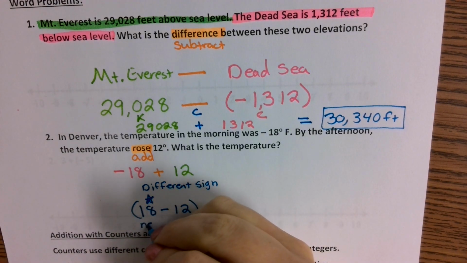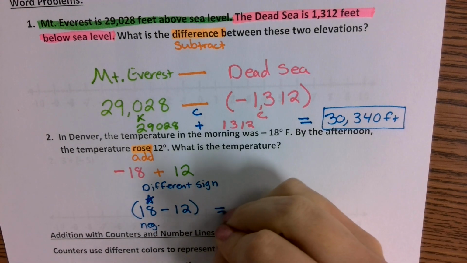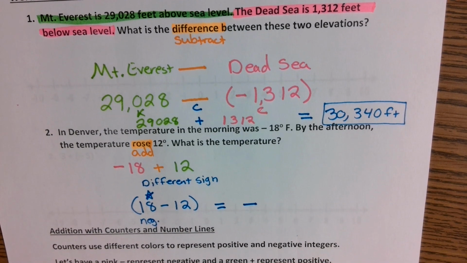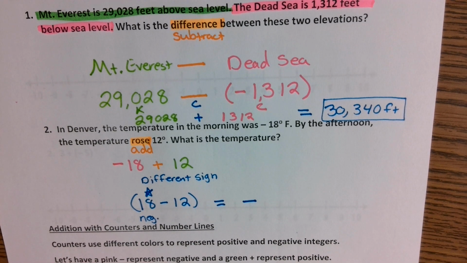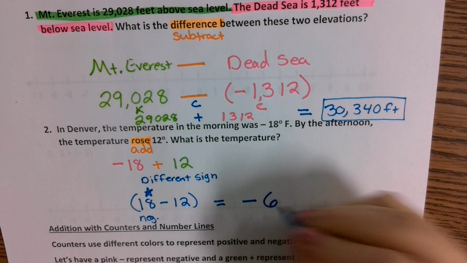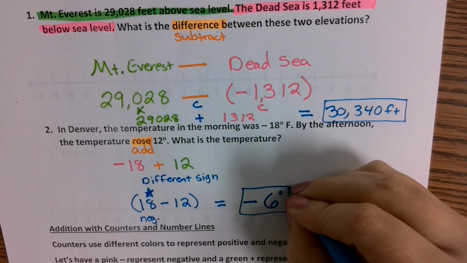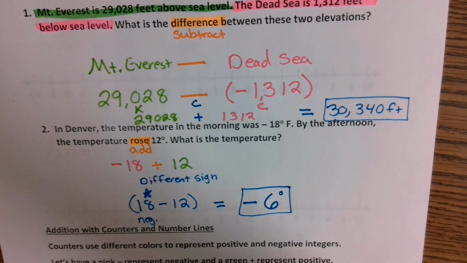Negative. My larger base happened to be negative, so when I subtract, I'm going to get a negative answer. What's 18 minus 12? 6. So we get negative 6 as our answer. It's negative 6 degrees after it rose 12 degrees.